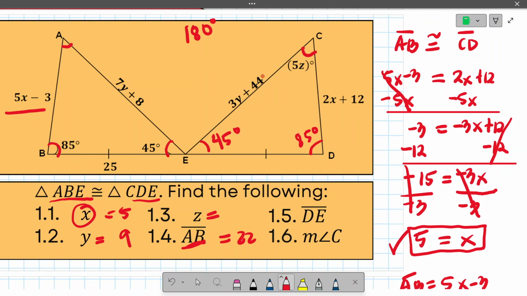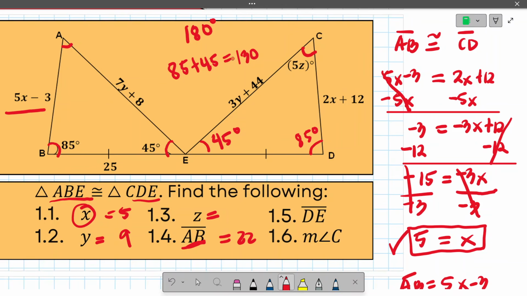Now, again, we need 180 degrees for these three angles. Now let's try to figure out that. If we're going to add 45 plus 85, let's try to write here. 85 plus 45 is 130. Tama? Yes.